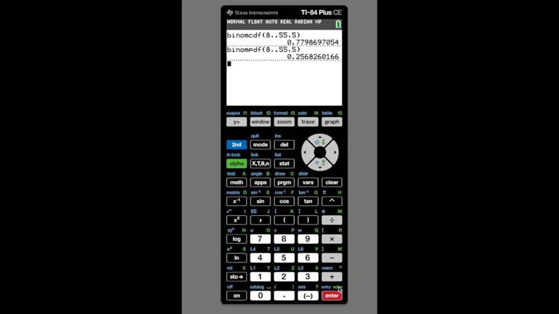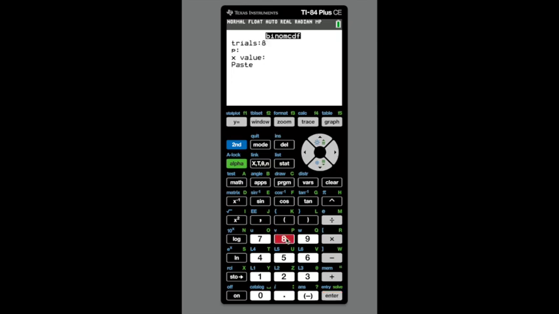So in this example, since we're going to subtract from 1, before I go to the menu to get my binomial function, I'm going to hit the 1 minus button. Then when I go do my binomial function, it will pop up where this cursor is here, and I can do it all in one step. So make sure you have on here 1 minus, the cursor is blinking after the minus, and then I go to the second VARS button and I do binomial CDF.